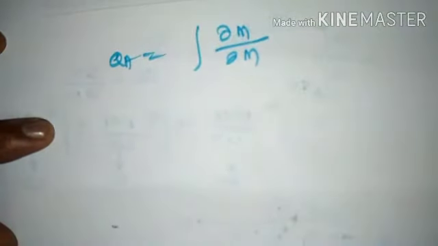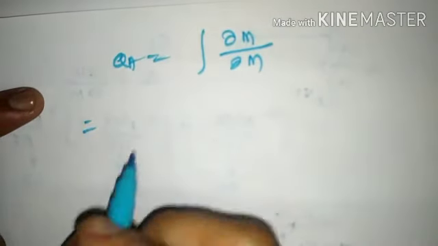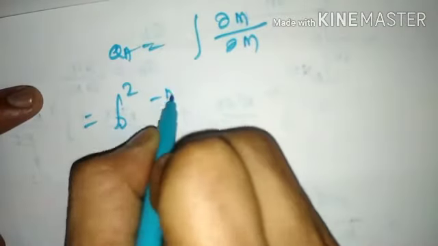So the expression for rotation, that is theta A, will be equal to integration ∂u by ∂m. So for the first term, when I substitute here, it will be 0 to 2 of m.